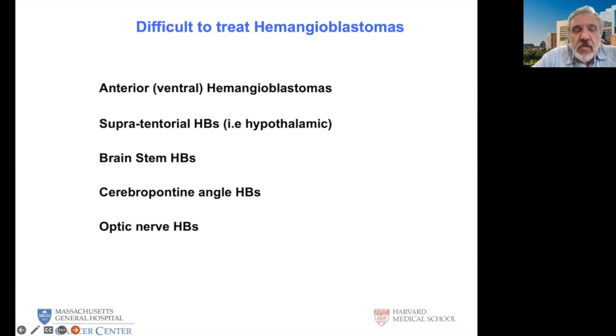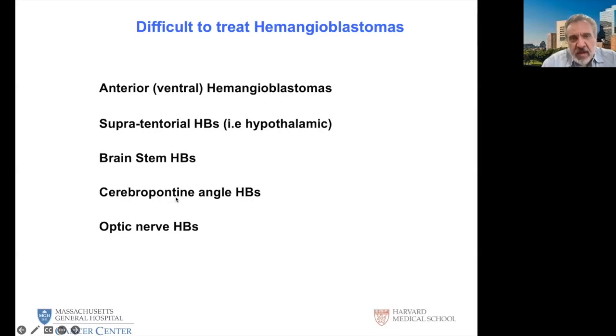Treating hemangioblastomas with belzutifan is mandatory in cases where surgical treatment is difficult. There are anterior hemangioblastomas that are difficult to approach. There are supratentorial ones, meaning in the upper part of the brain, where you can do surgery, but it's very complicated territory. There are brain stem ones that are difficult to operate because the side effects of neurosurgery are big.